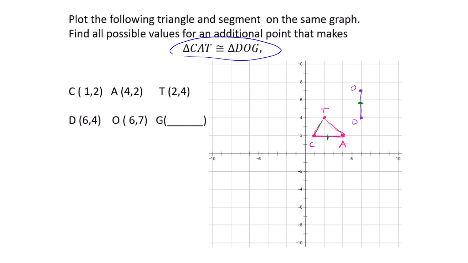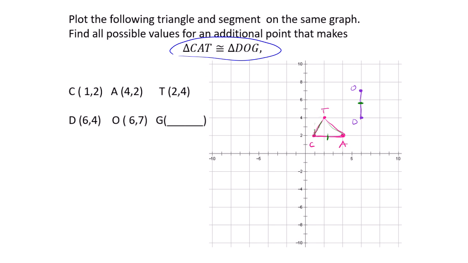So I'm going to use slope here. To get from C to T, I can go up 2 and over 1, right? So instead of going up and right, from D I'm going to go right and up.